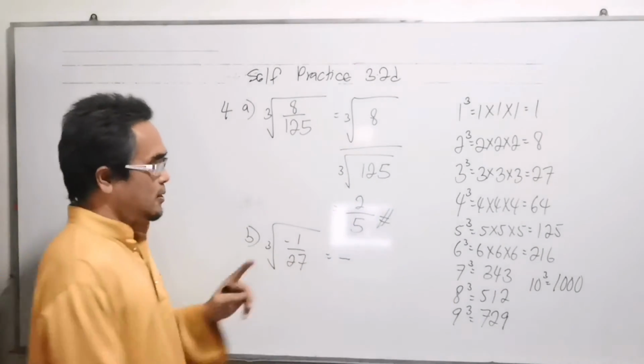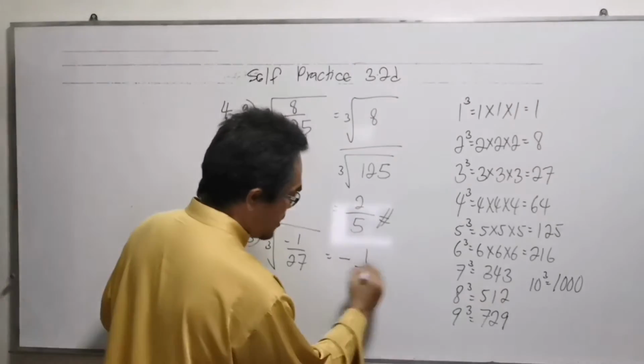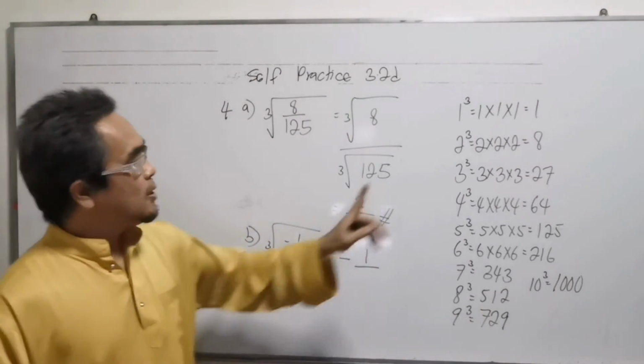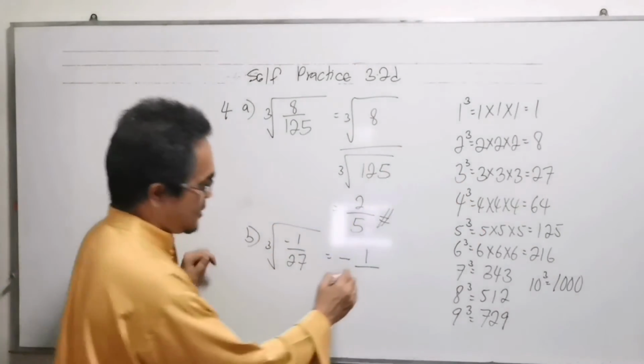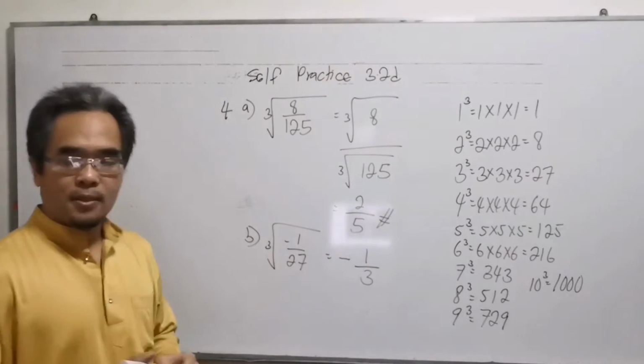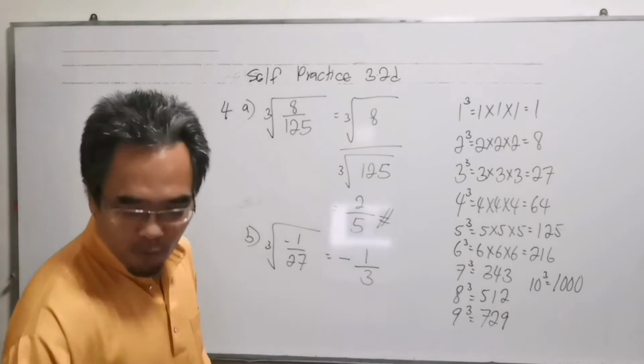The cube root of 1 will be 1. The cube root of 27 will be 3. Any questions so far?